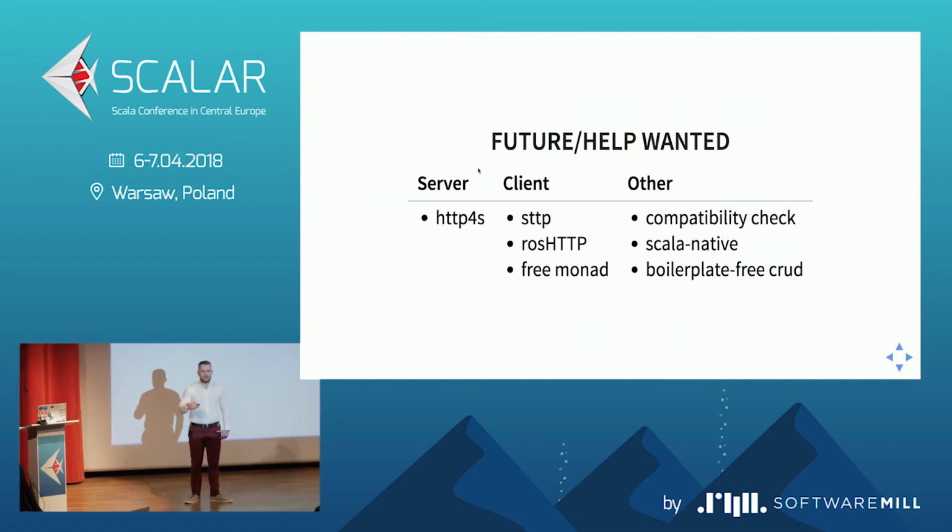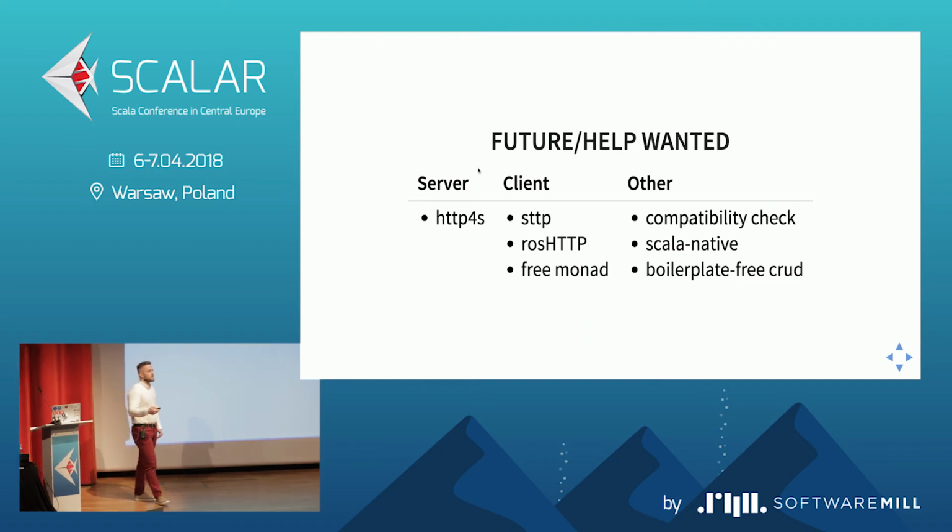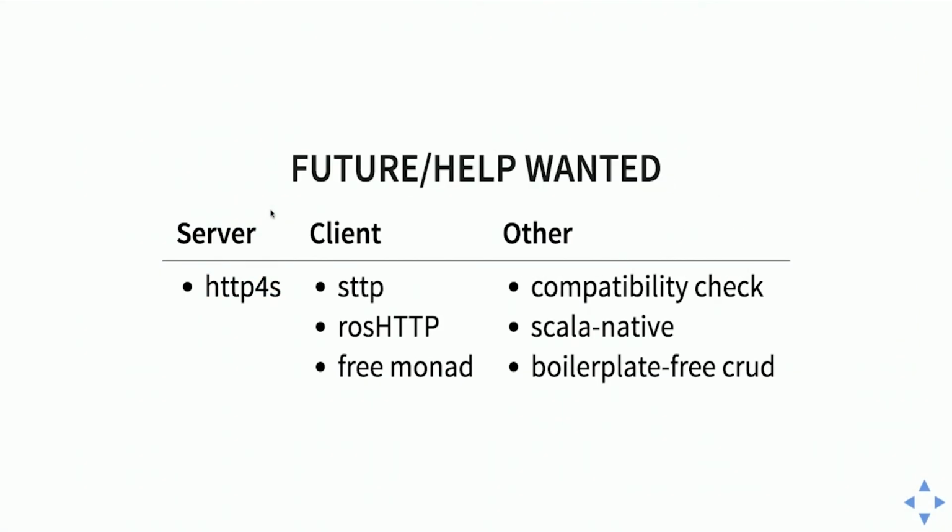With the abstraction that we have over HTTP, it turns out it should be quite easy to allow users to automatically verify if their current endpoints definition is compatible with the previous one. And this may bring a lot of value to the APIs that are public and have to be stable with the changes. So it should be quite easy to do that, but it's not done yet.